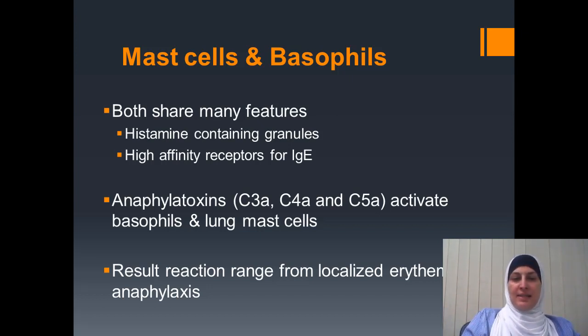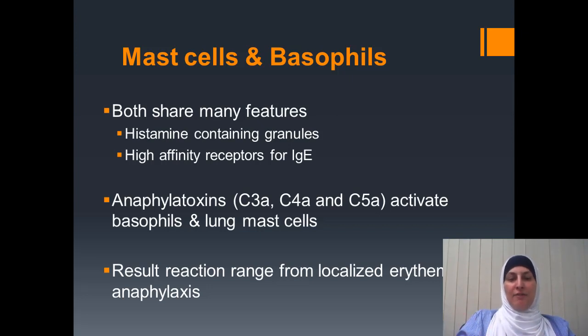These cells are activated by anaphylatoxins. So C3a, C4a, C5a, remember these complement proteins. Once C3 is activated, C3b would go into the cascade, and C3a would work as an opsonin, and it will also work as an activator for mast cells and basophils.